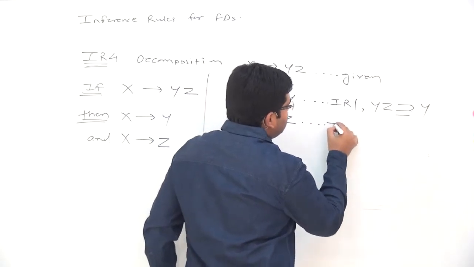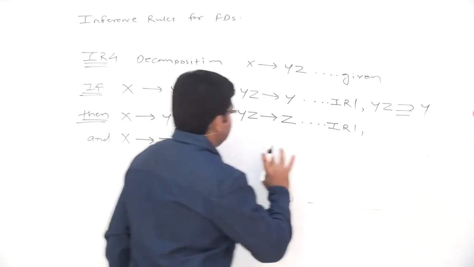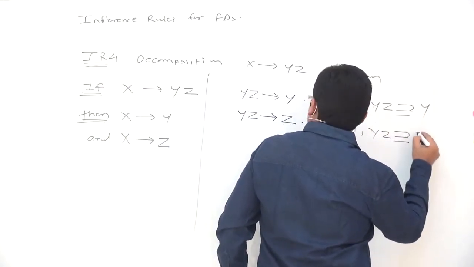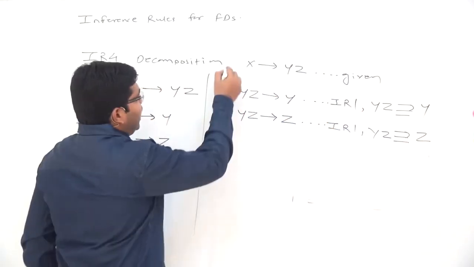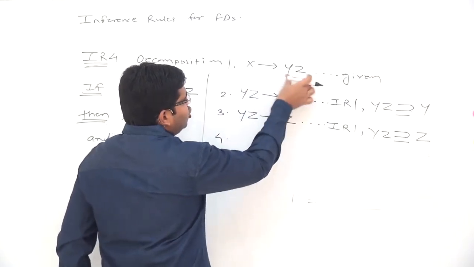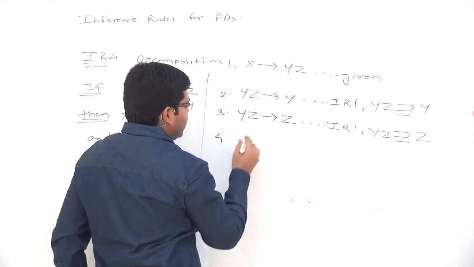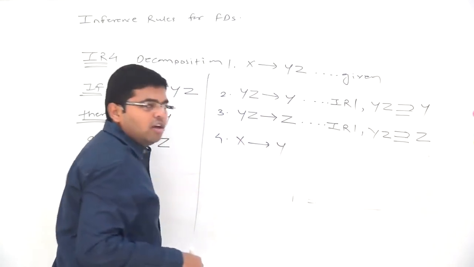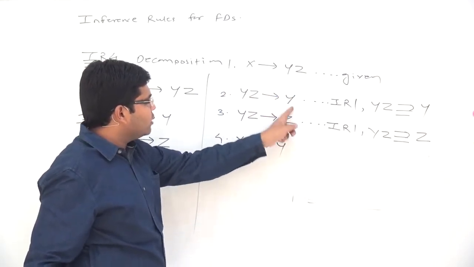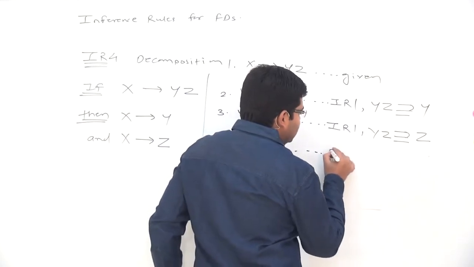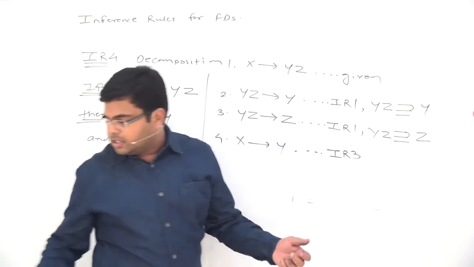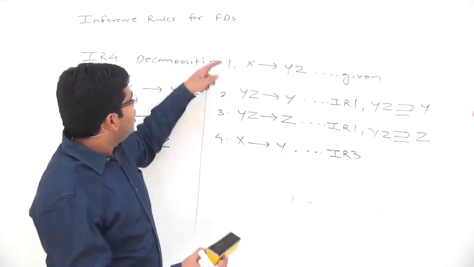Again we are applying inference rule 1, but the subset relationship is YZ is the superset of Z. So that's number 1, that's number 2, this is number 3, and now number 4, what you can do, X gives YZ and YZ gives Y, therefore you can say that X gives Y. Now this is what is called the transitive rule, X gives YZ, YZ gives Y, therefore X gives Y. So here we are applying the transitive rule, which will be written here as IR3, and the basis were statements 1 and 2.